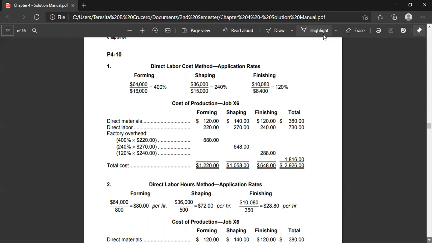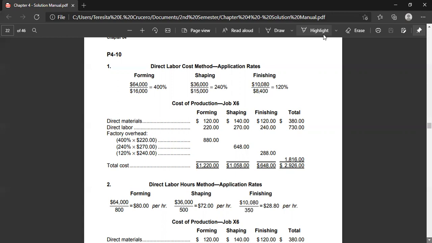So for forming, we are now dividing 64,000 by 16,000. Now take note that the basis or the application rate for factory overhead is direct labor cost.